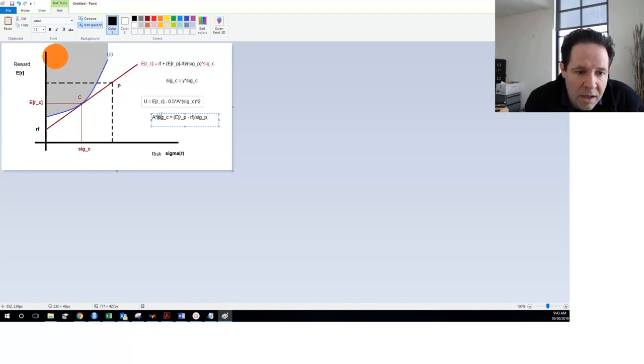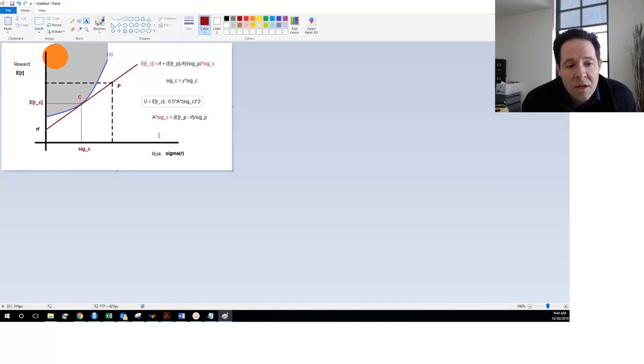Now, recolor coding to match what we had up here in our equation for the capital allocation line, there's only one thing that this investor can do anything about: the standard deviation of the portfolio. In this equation that equates slopes, this is the slope of the indifference curve, this is the slope of the capital allocation line. There's only one thing that this investor can control, and that is the standard deviation of the composite portfolio.